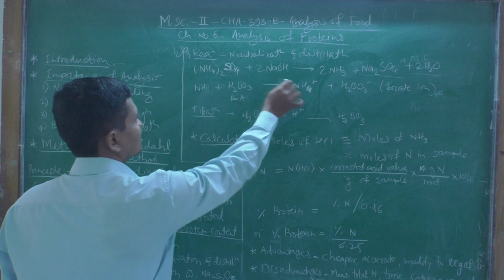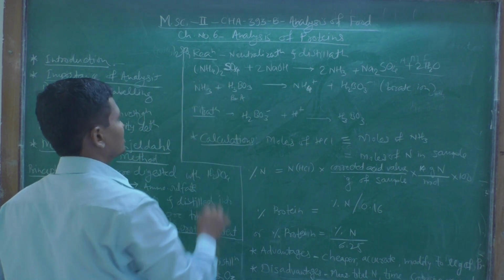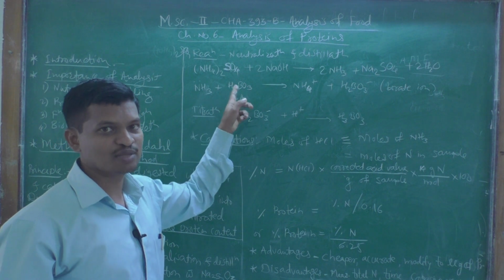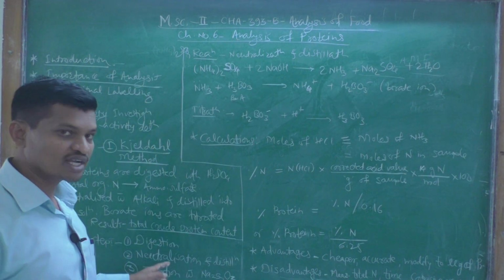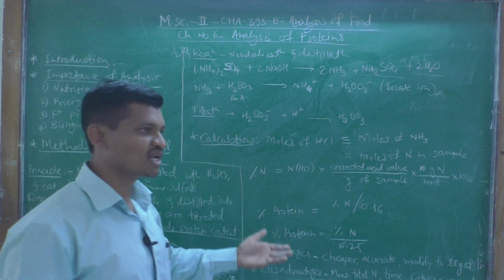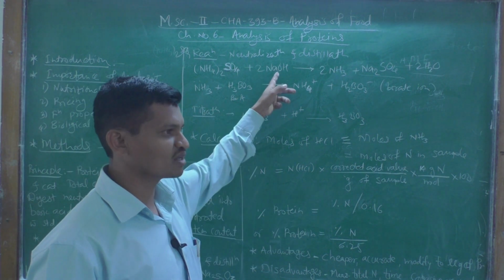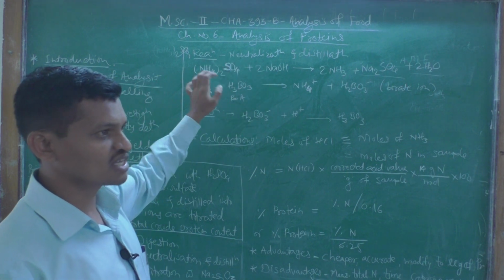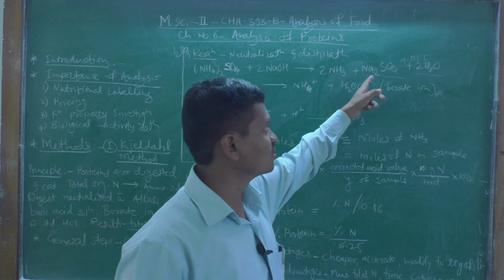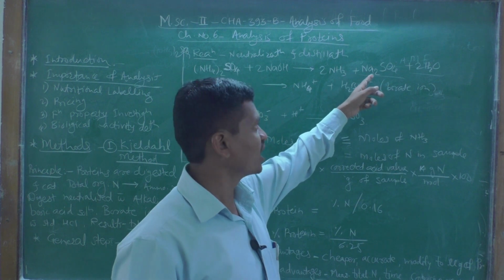Now this ammonia, NH3, is then treated with boric acid, H3BO3. So the second step is neutralization and distillation. For the neutralization we added sodium hydroxide, which converts the ammonium sulfate into ammonia, Na2SO4 and water.